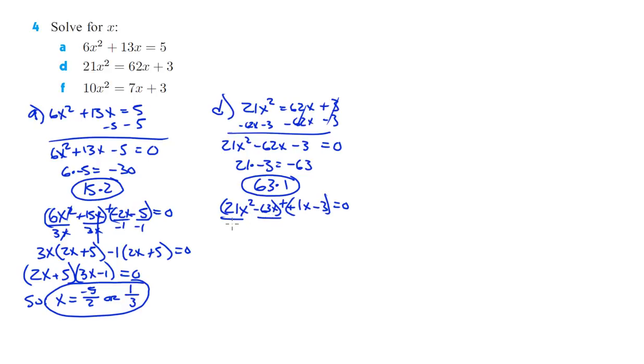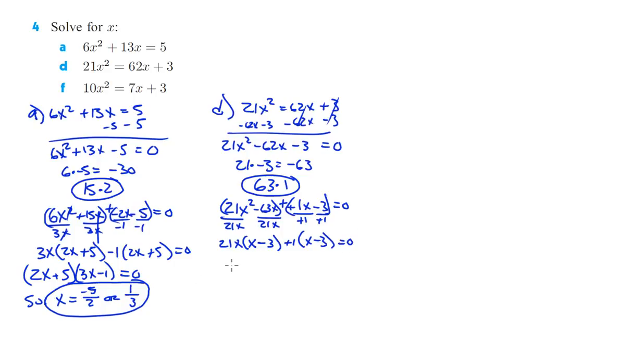Let's see, we can actually get a 21 and an x out of both of these. Right, so that's going to leave us with 21x, and that's going to leave us with x minus 3. And then this one here, there's nothing you can get out of both of those, so we'll just say we're going to divide them both by positive 1. So we put plus 1 times, and then we have x minus 3 equals 0.